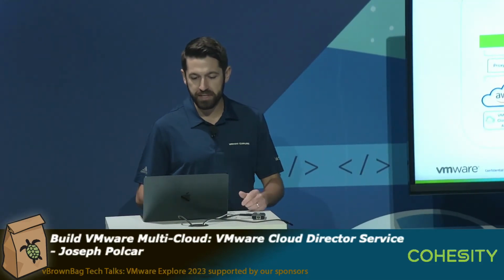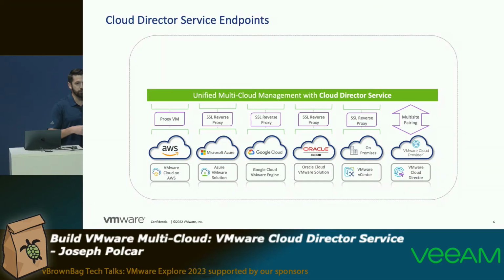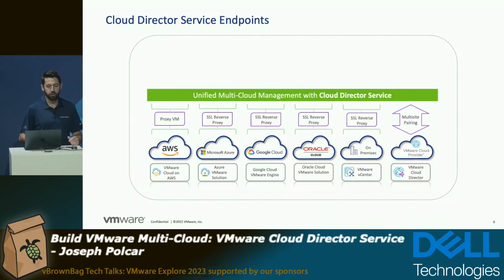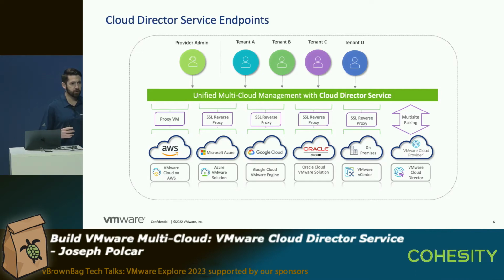It establishes that connection for you. You can also pair other Cloud Director instances. If you already had an on-prem instance, you can pair that with a Cloud Director Service, or perhaps multiple Cloud Director Service instances. You can pair those using multi-site pairing. So this makes it so that your provider admins can log into one place to manage all of those resources, and the tenants get to reap those benefits and determine where their workloads live.